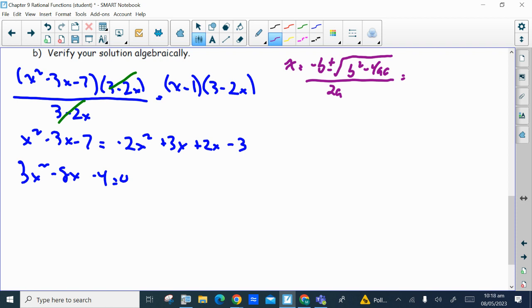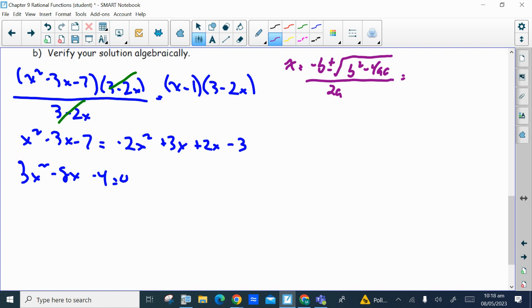And again, this is on the formula sheet. It's at the very top of the formula sheet, so you don't have to memorize it. It's there for you, and you can use it to solve any quadratic. Normally, if a quadratic is factorable, that's the easiest way, but you could still use this to solve a quadratic that is factorable, and we can use it to get the exact roots for a quadratic that's not factorable.